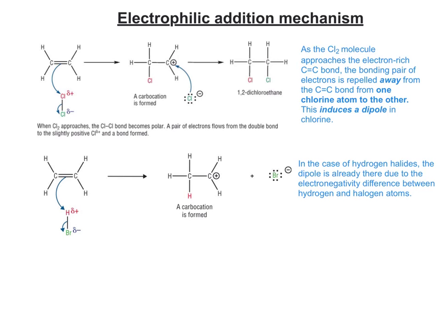You need to draw an arrow from one of the lone pairs, curly arrow, towards the positive carbon. That's essential to get that mark. So what that means is that bromide ion attacks the positively charged carbon on the carbocation, and that creates a structure called bromoethane.